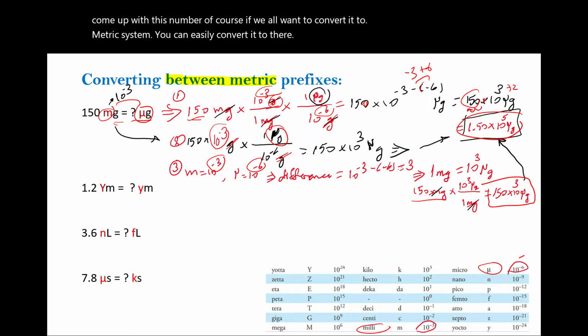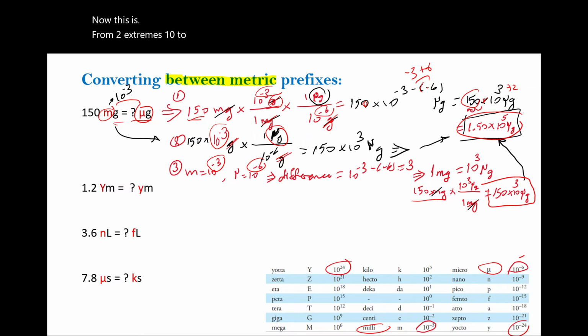Now this is from two extremes, 10 to 24 to 10 to negative 24, and we can use this way here.